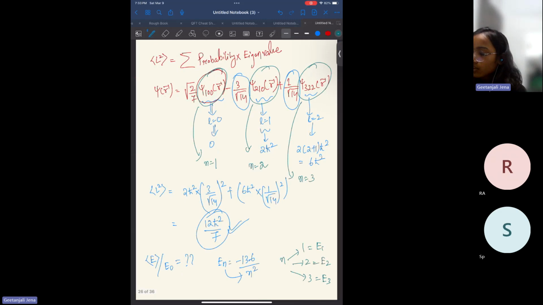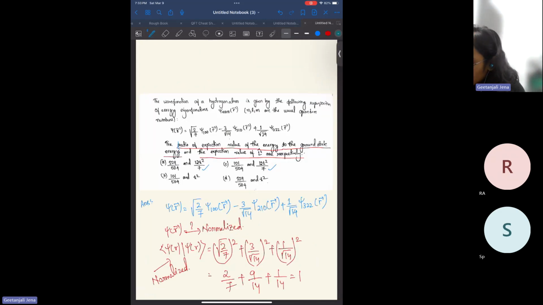So you have to look for an option that has this answer. The first one has 229 divided by 504, that means the answer is this one. So this is how you can calculate the expectation value of energy as well as the expectation value of an operator.